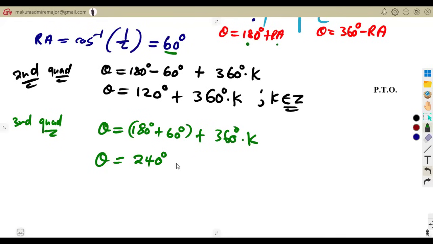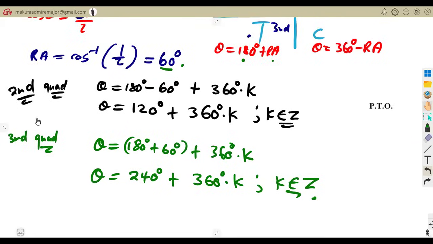So we've got 240 degrees plus 360 degrees times k. And this is representing all the integers. So that's it about this theta from this reference angle, where cos is negative in the second and in the third quadrant.